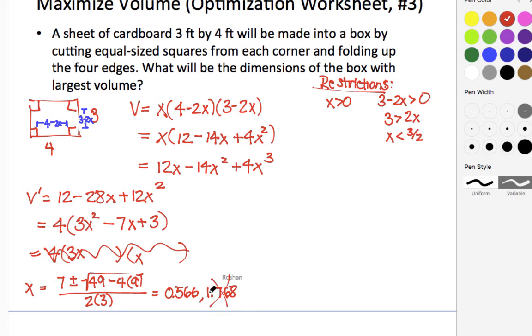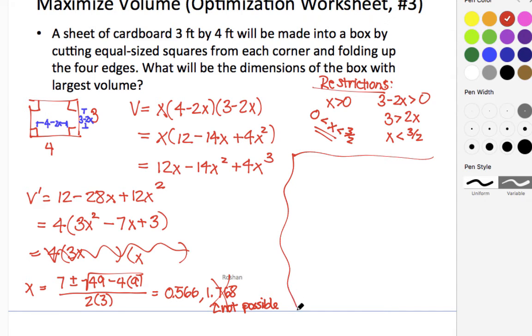So this one is not possible. Only this one. And if I had made my number line, I would have found that one maximized and one minimized, and I want to find the largest volume, so that would have happened also. But my restriction is that my x value must be between 0 and 3/2.